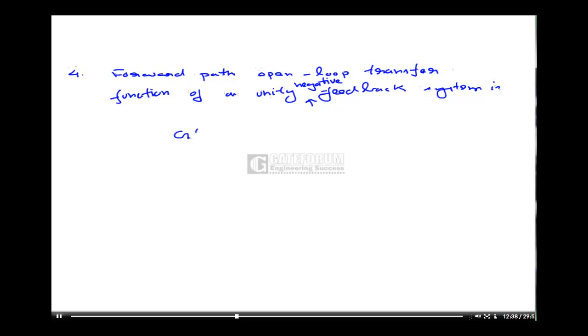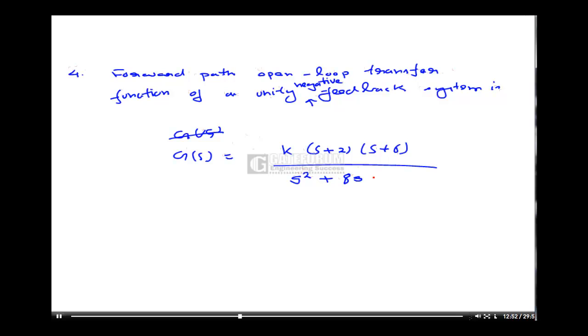Only GS is given: K times (S plus 2)(S plus 6) upon S square plus 8S plus 25. We have to find the root locus of this.